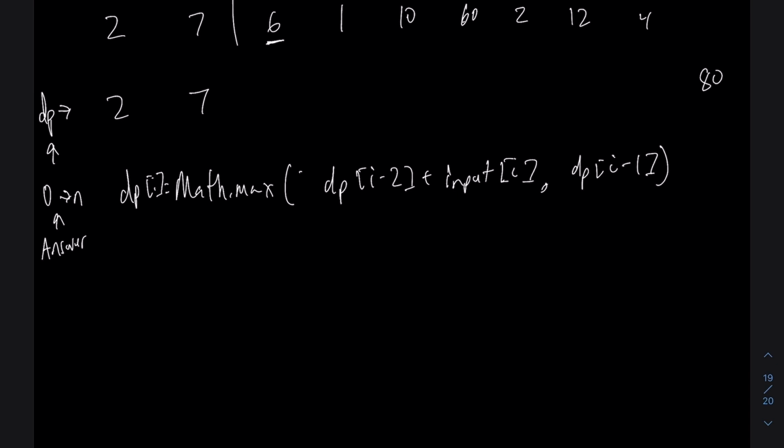And the reason why we can do this is because we know that this answer is already the max for this index, which implies that if we wanted to build a max answer for right here, one of our options would be to use this plus this value, right? Because they're perfectly 2 houses apart. And then the other option would be to just move this 7 over.